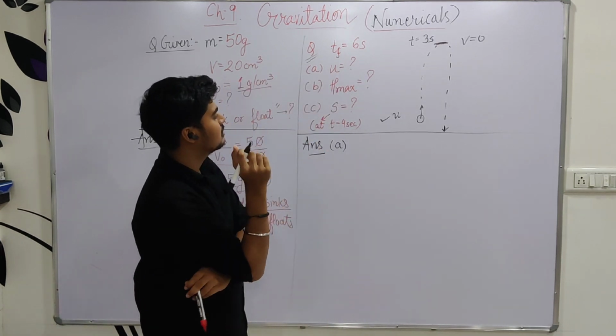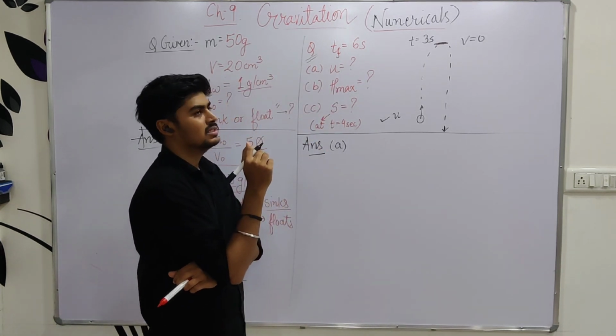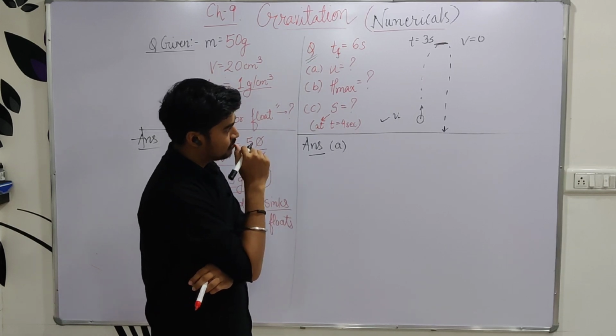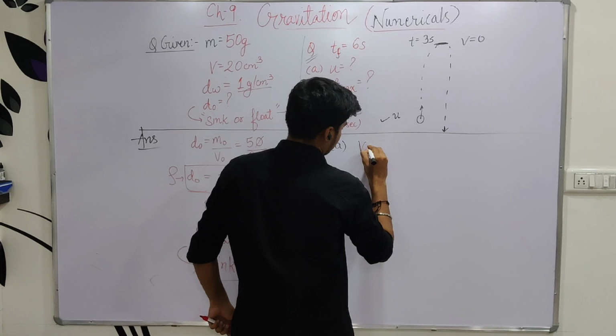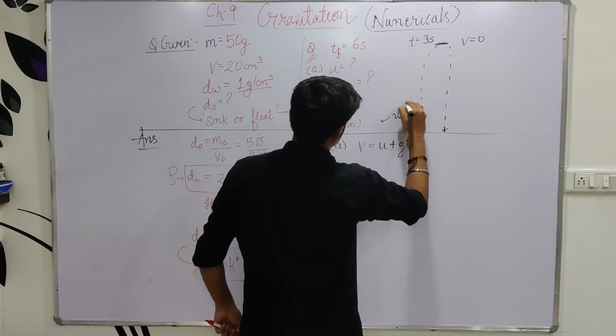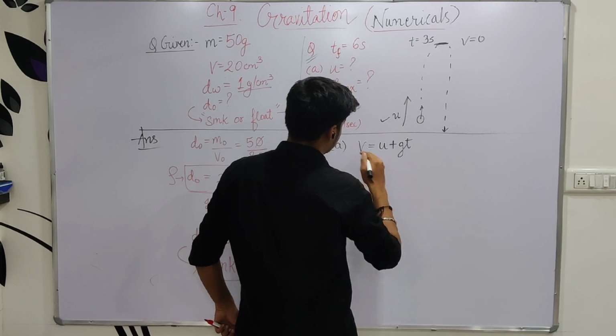If we think about initial velocity, can we start with v is equal to u plus gt, as v, u, g and t are all there? Yes. So we can start with v is equal to u plus gt. But the initial velocity is in the direction vertically upwards.